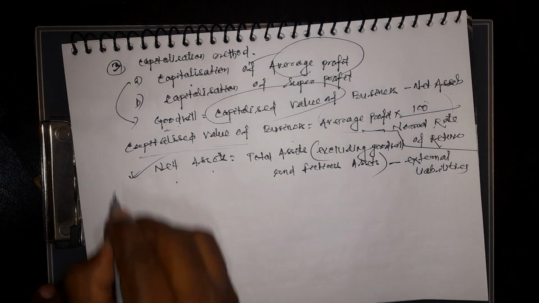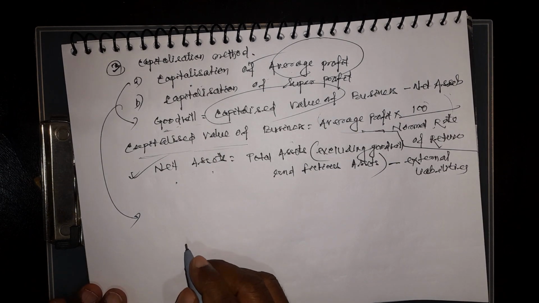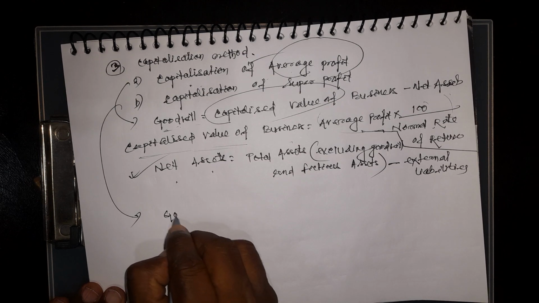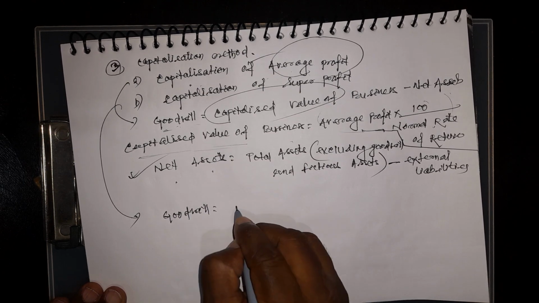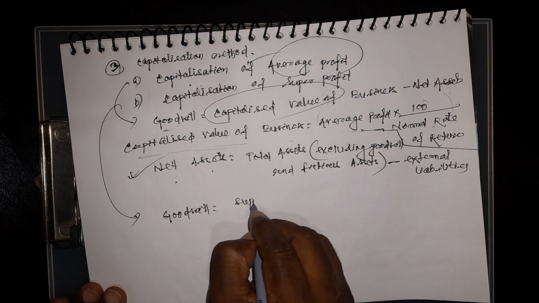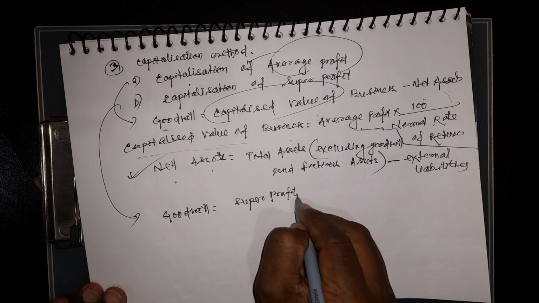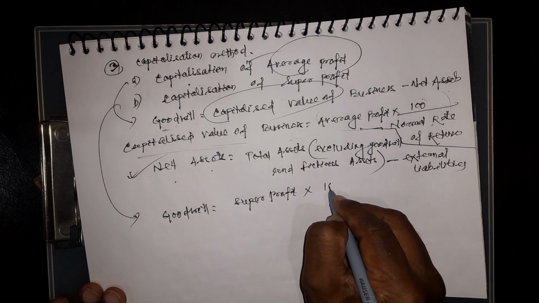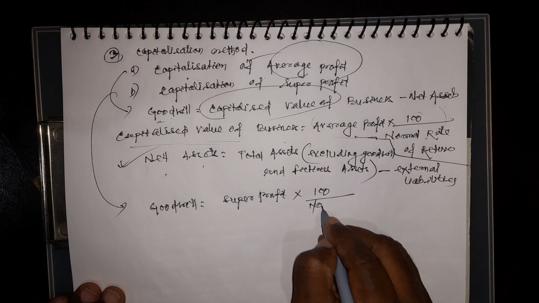Then second is capitalization of super profit. Under this method, goodwill equals super profit into 100 by normal rate of return.